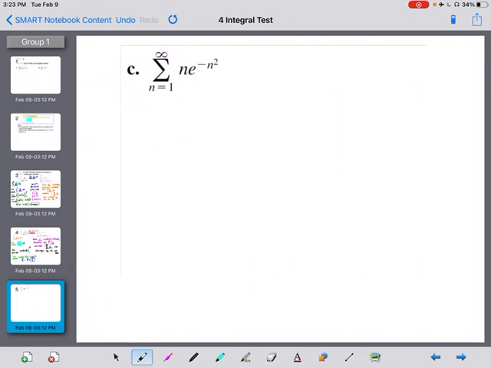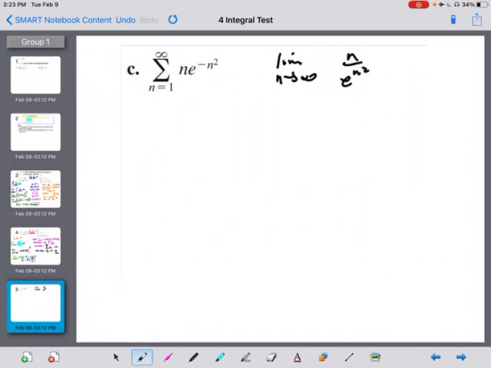Well, let's see. Is it going to be decreasing? Let's just write a quick limit statement here. This would be the limit as n approaches infinity of n over e to the n squared.